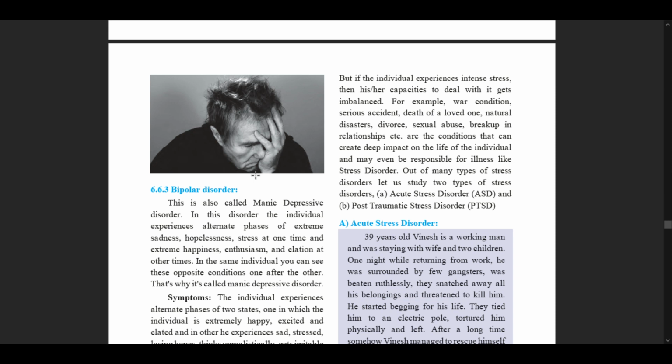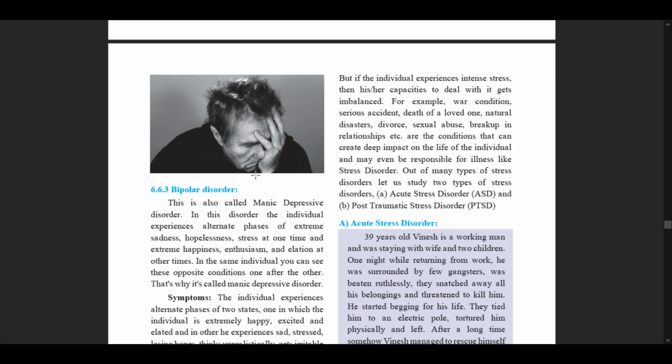Out of many types of stress, let us study two types of stress disorders. The first is acute stress disorder. The second is PTSD, post traumatic stress disorder.